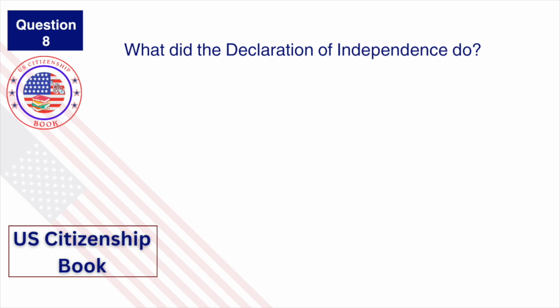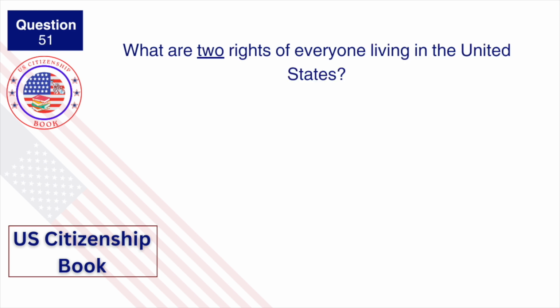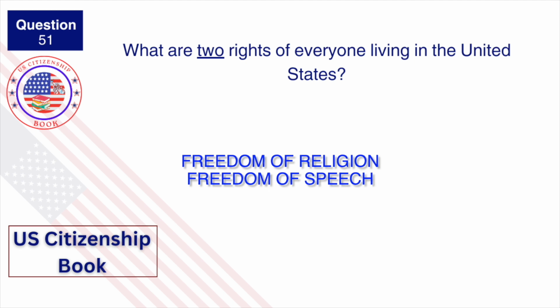What did the Declaration of Independence do? Announced our independence from Great Britain. What are two rights of everyone living in the United States? Freedom of religion. Freedom of speech.